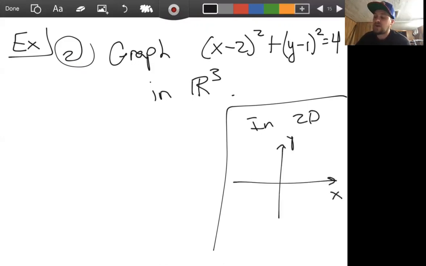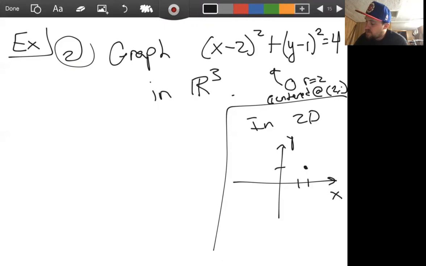That's a circle of radius 2 centered at the point (2, 1), right? So you'd say, okay, cool, circle of radius 2, something like this, right? And in 2D, you would be correct, but we want a graph of this in 3D.